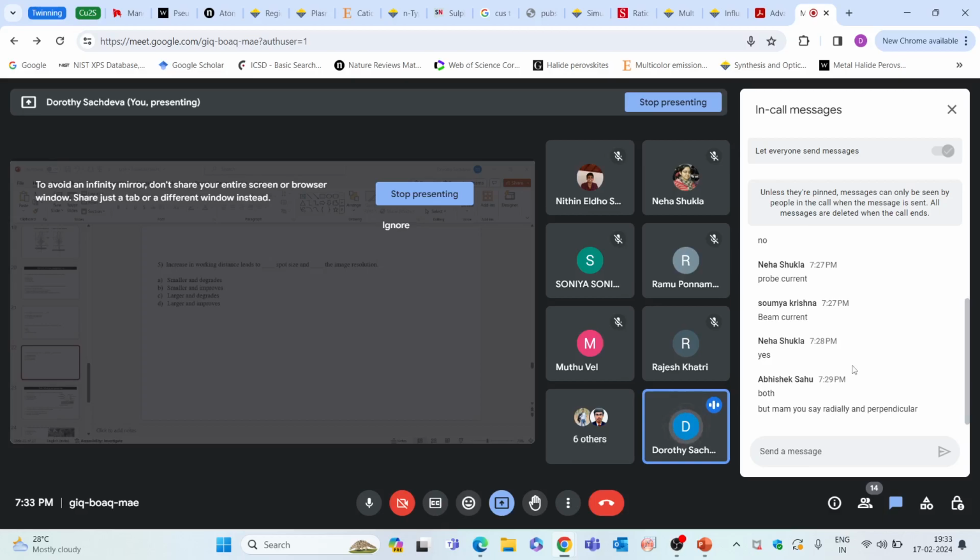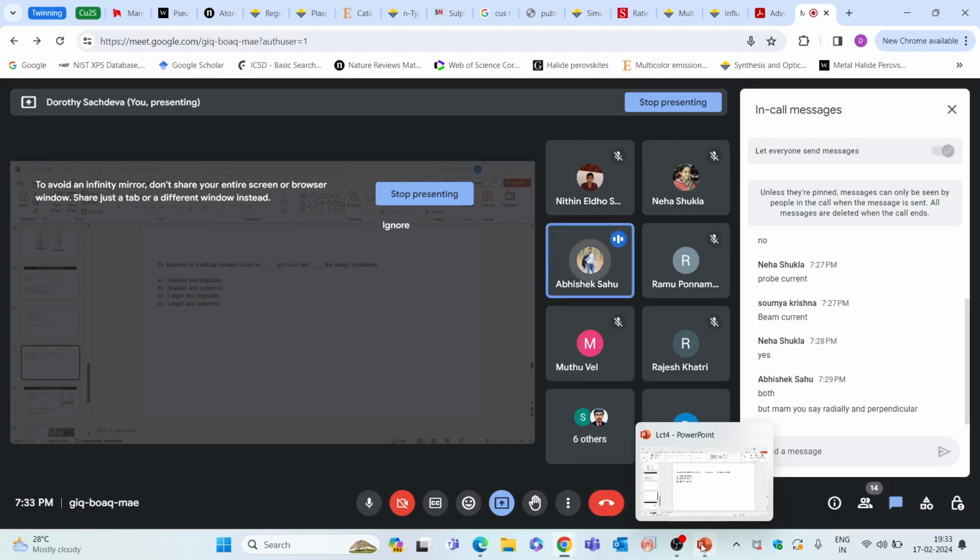Abhishek Sahu, do you have any doubt? What second question? Second question. You said radially and you said radially and perpendicular.